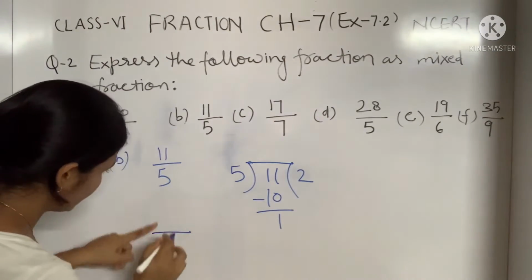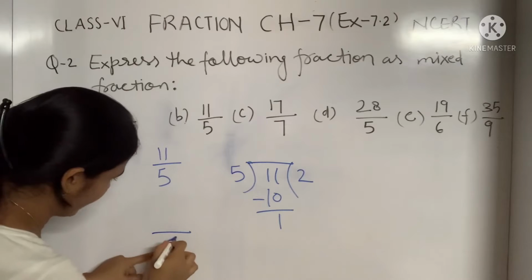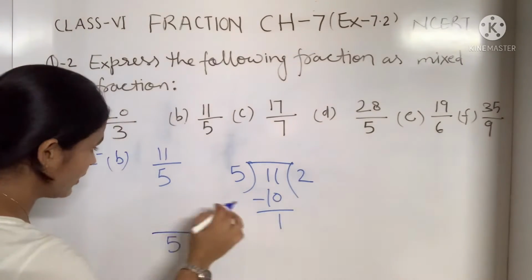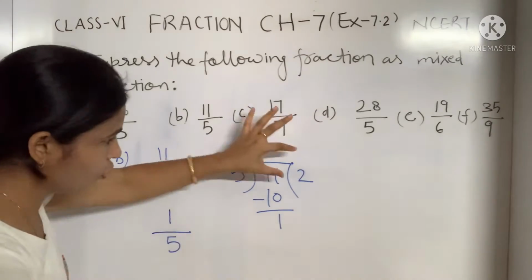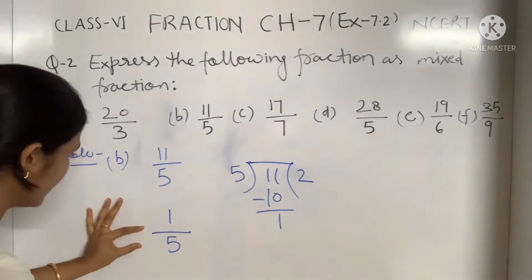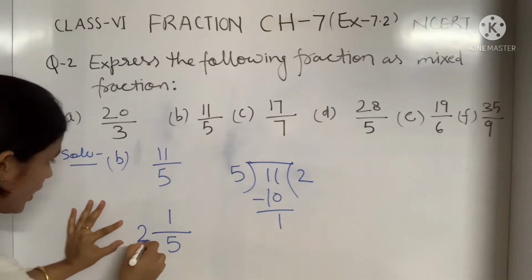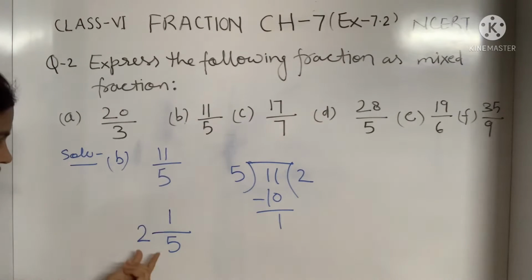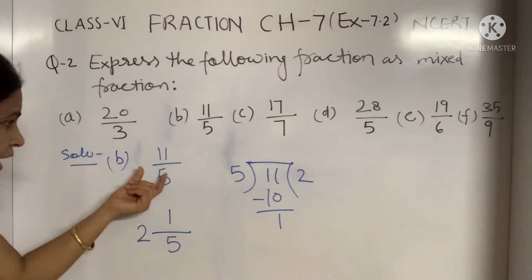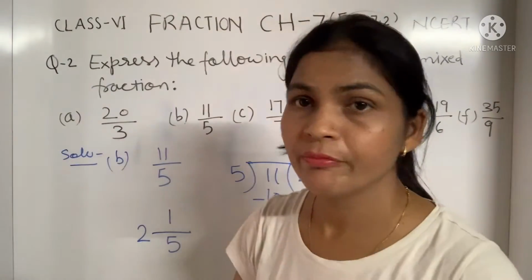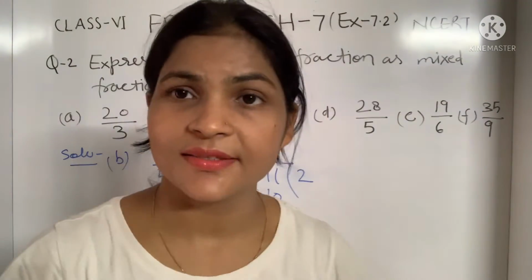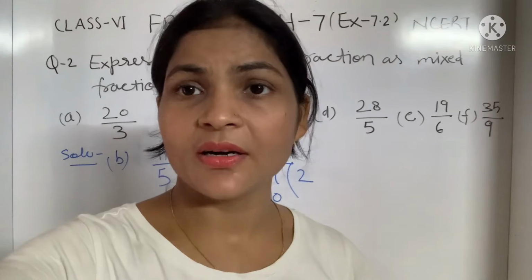The denominator 5 comes down here, then the remainder goes up. The remainder 1 comes here and the whole part 2 comes in front. So I can write 11 upon 5 as a mixed fraction: 2 and 1 by 5. I hope you understand. Let's move to the next part, part C.